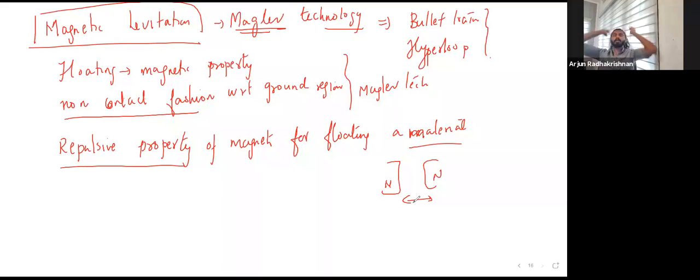Motion is provided by magnetic technologies again. Magnetic levitation is floating a material by using magnetic property and then making it move in a non-contact fashion. It will not touch the ground while it is moving. It will be slightly floating and then it will move. This is called maglev technology and it uses the repulsive property.